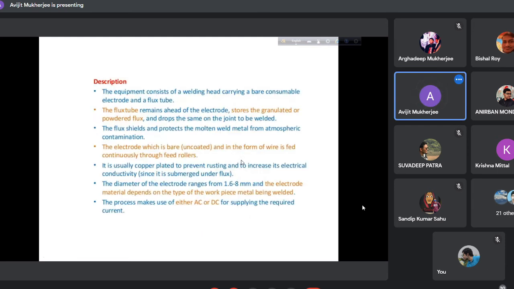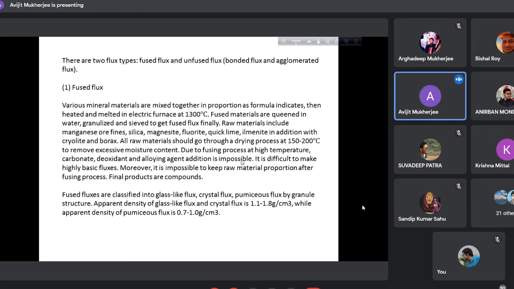Now, these are some descriptions, but what is important is, what is the flux actually? What is this material? Flux may be of two types. One is fused flux, another is unfused flux, also known as bonded flux and agglomerated flux.